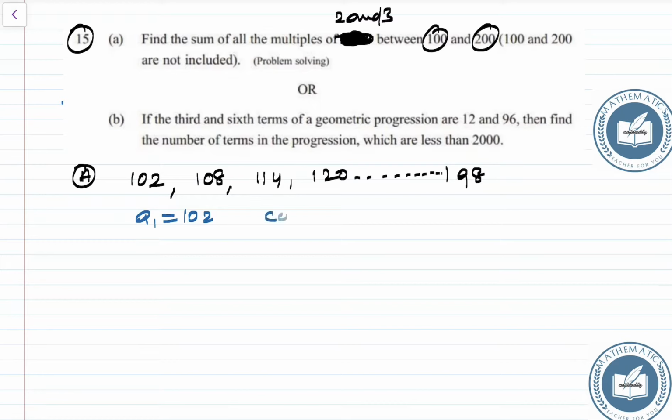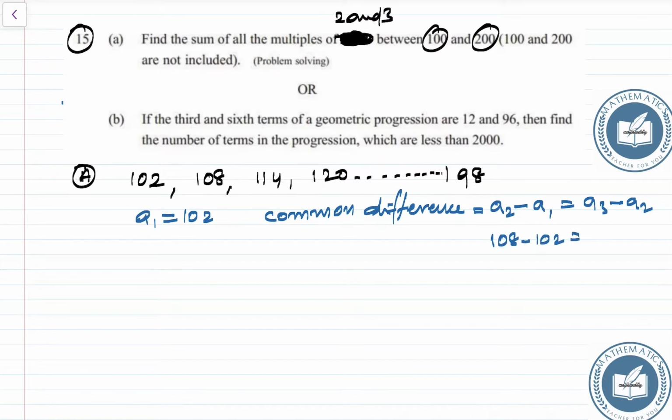The common difference d is equal to A2 minus A1, which is equal to A3 minus A2. That is 108 minus 102 is equal to 114 minus 108. In both cases it is 6 equals 6. Then this sequence is in AP.